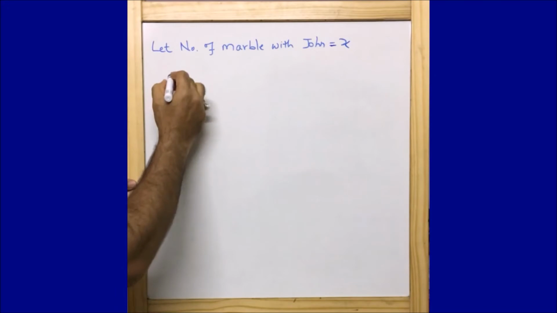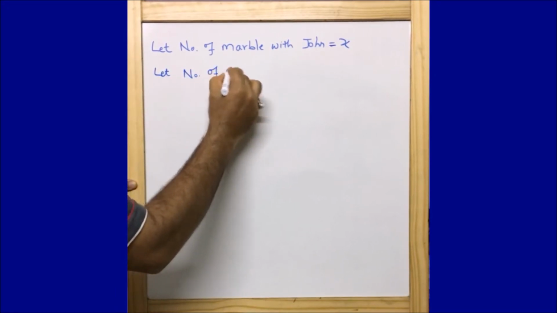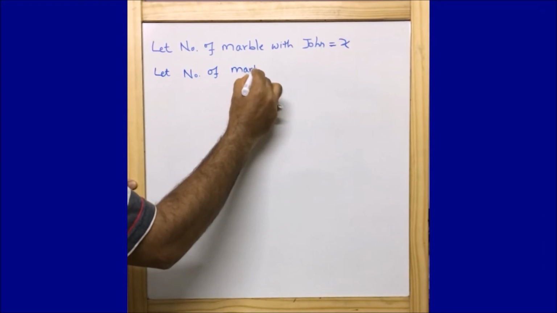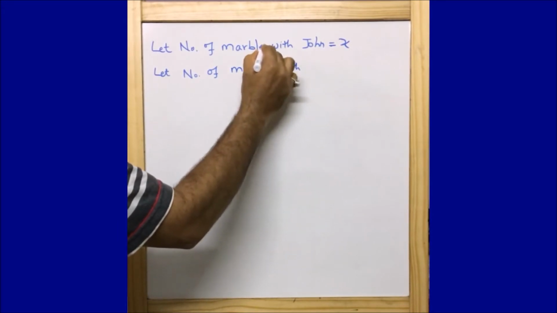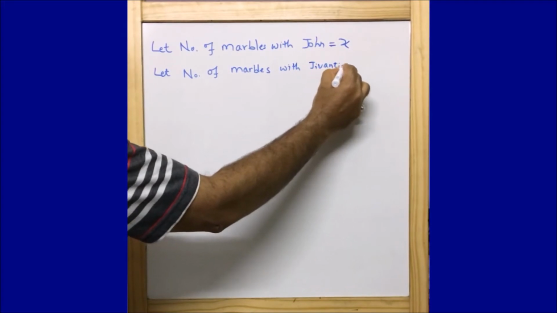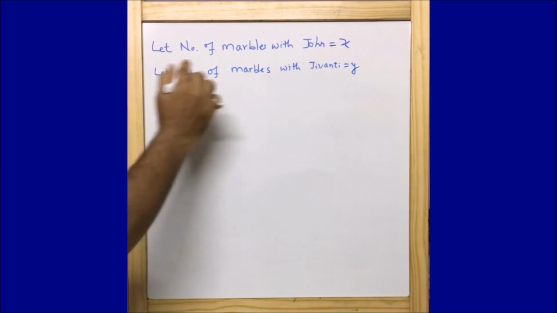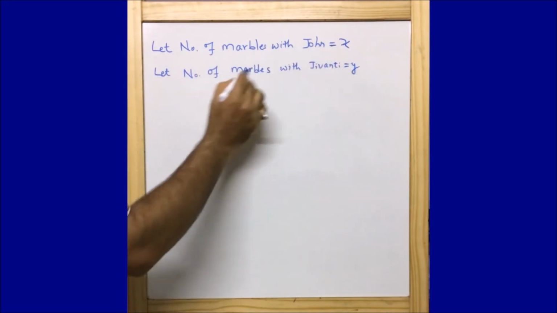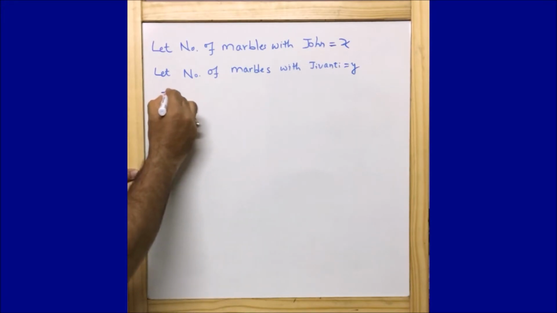Similarly, let the number of marbles with Jivanti be Y. We don't know how many marbles these two are holding, but we know that the total is 45. So we are considering the number of marbles with John as X and with Jivanti as Y.